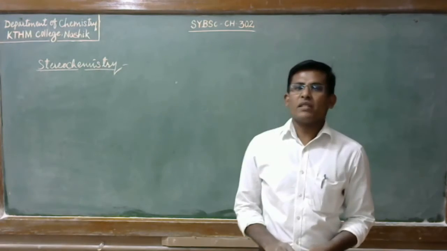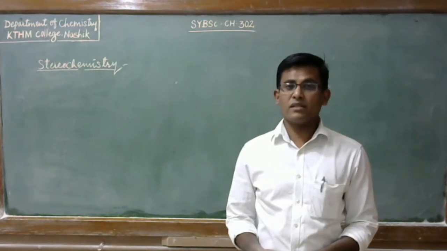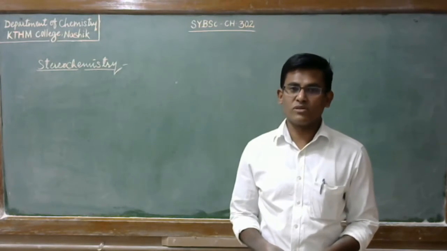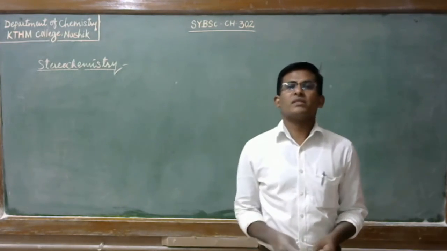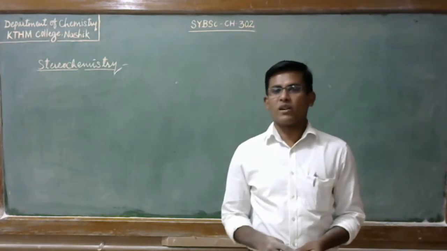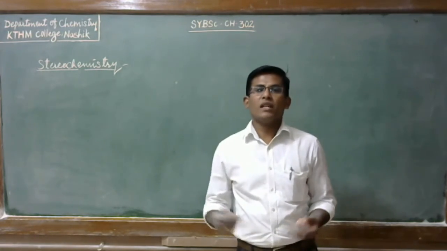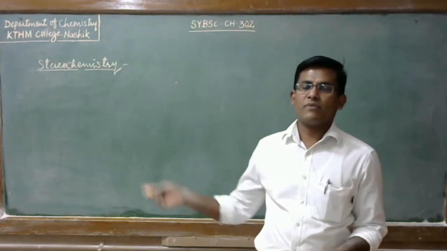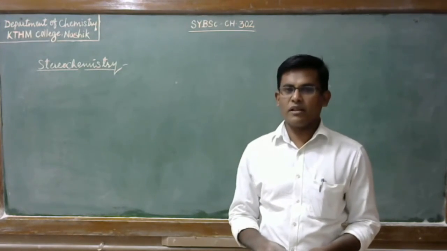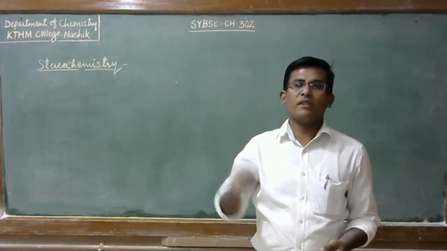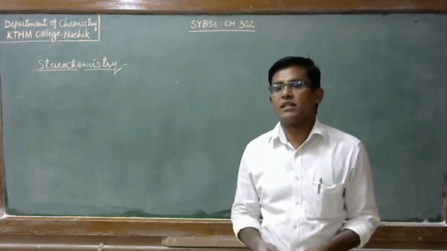In the SN1 reaction, the rate determining step is the slow step. So in the first step, there is a formation of carbocation. So the nucleophile can attack from both sides, from the front side as well as the back side.